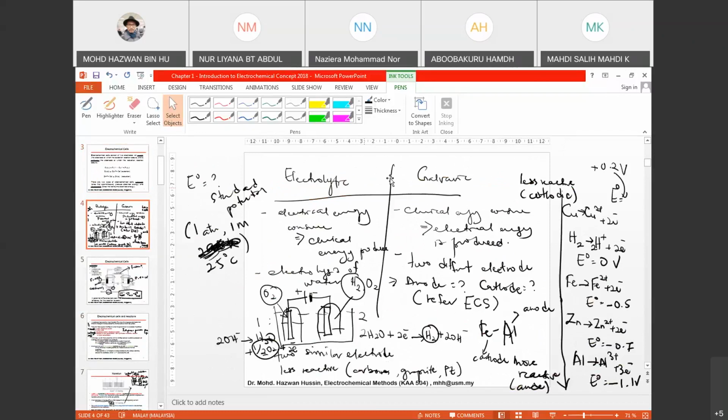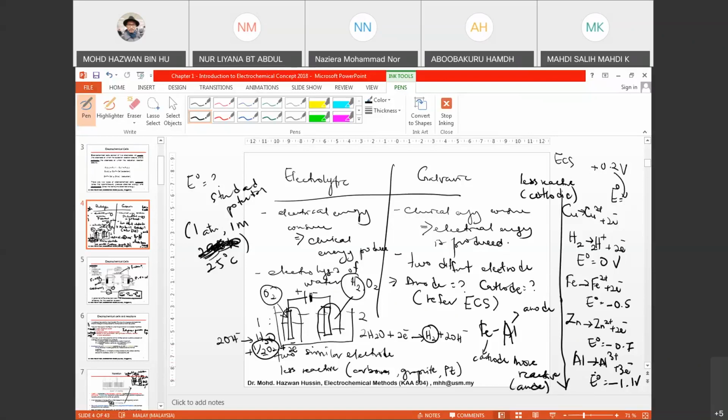Yeah, you said here Fe with Al. This is the Electrochemical Series, ECS. You will see over here, did you notice this standard potential value? Aluminium minus 1.1, zinc minus 0.7. Oh, okay, now I get it.